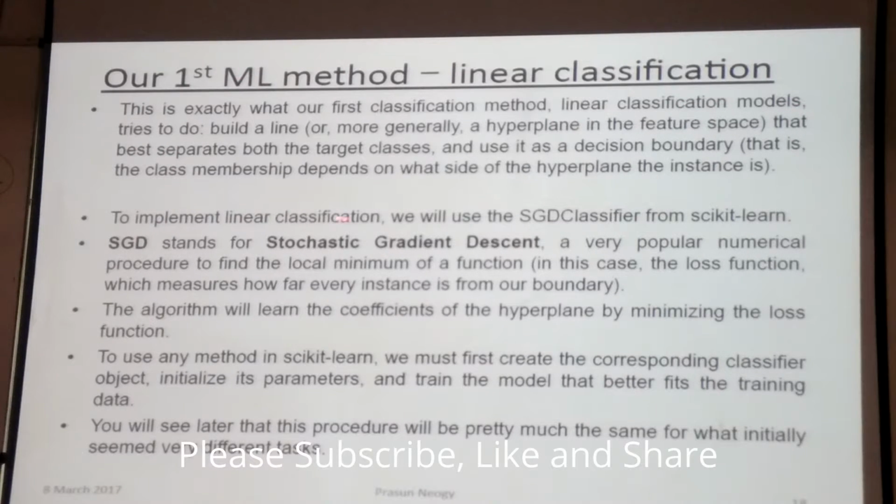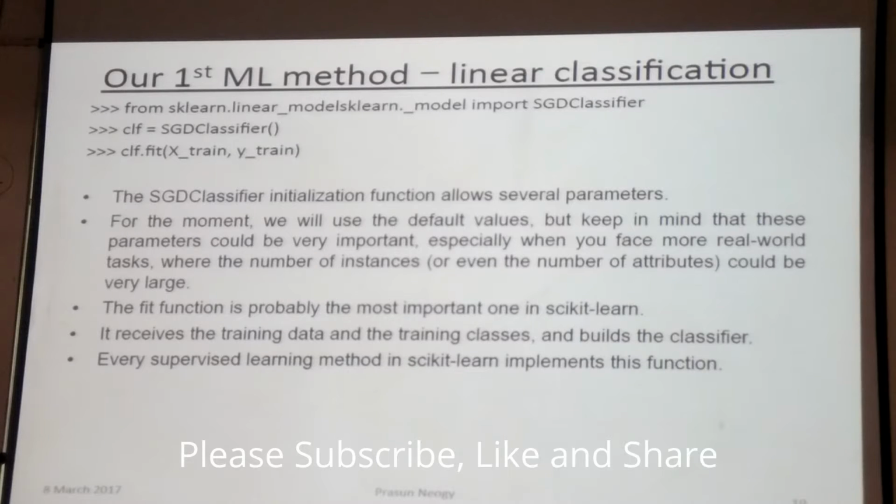So to implement this, we will use something called stochastic gradient descent. It's a variation of linear classification, a very popular numerical procedure to find the local minimum of a function. This is all stats. Forget about it. Let's see how we can use it. So very simple.